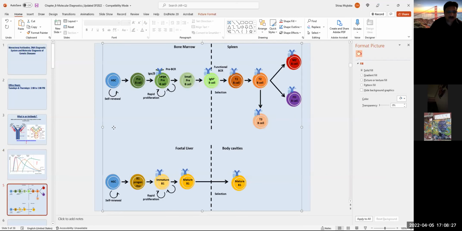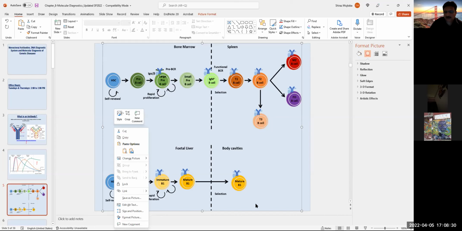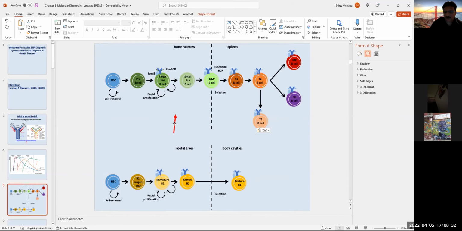So this slide shows the development of cells in the context of stem cells: bone marrow cells that are destined to become pro B cells, then pre B cells, then small pre B cells, and then ultimately they start secreting antibody once they encounter the pathogen.